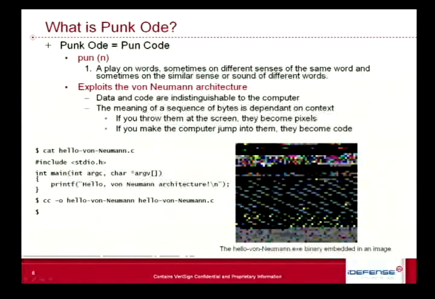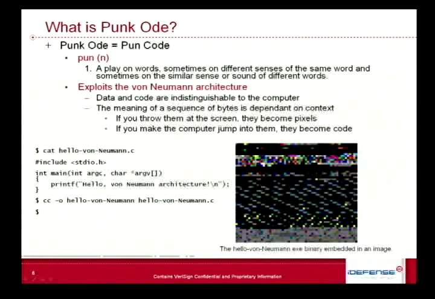So what is Pun code and how does that go in with all this? Well, Pun code is a pun. A pun being a play on words, and this is the same sort of thing. Basically, it uses the von Neumann architecture feature that data and code are indistinguishable to the computer. It depends on what you tell the computer to do with it.